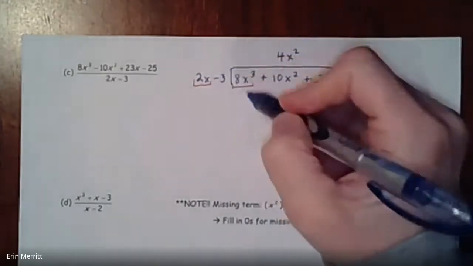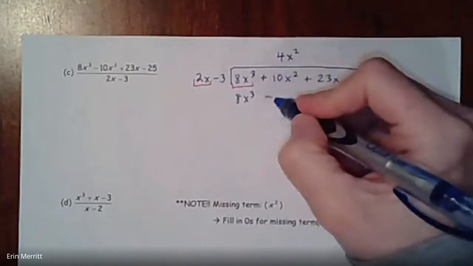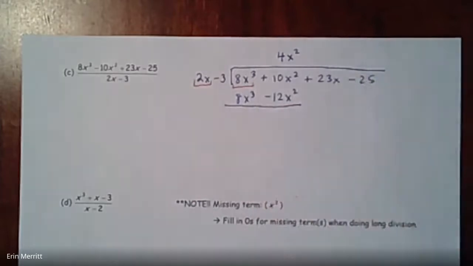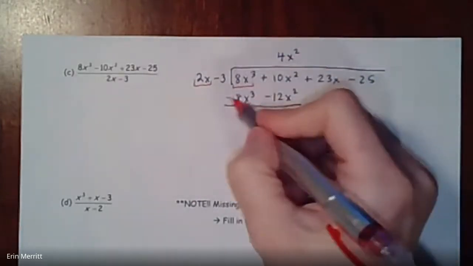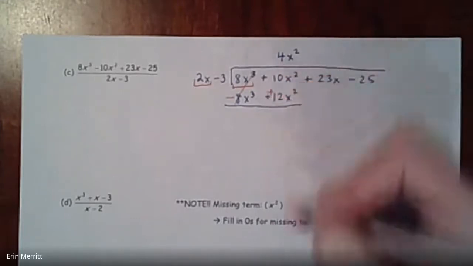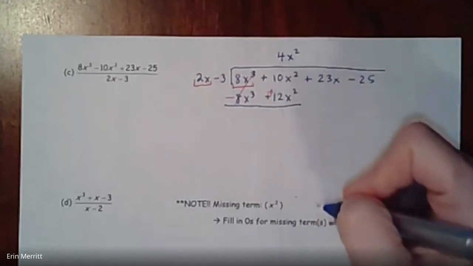So distribute that through. This gives me 8x cubed. 4x squared times negative 3 gives me minus 12x squared. And then remember, you're subtracting both. So you're subtracting here, you're subtracting here, which ultimately flips the sign. So 10x squared plus 12x squared.